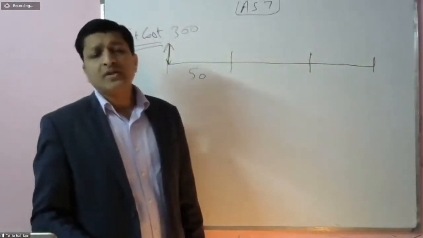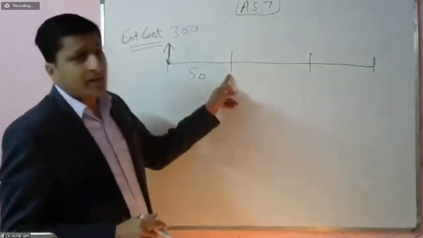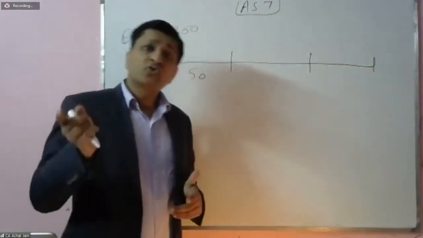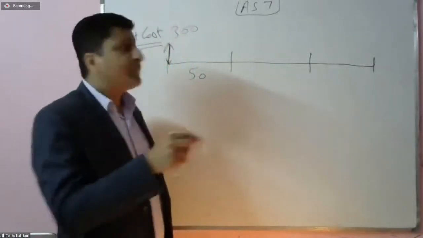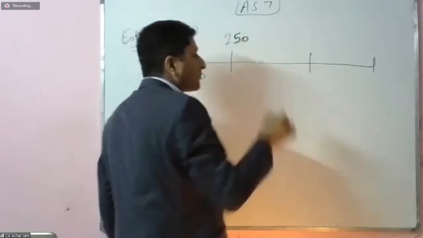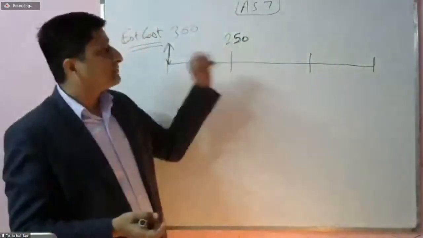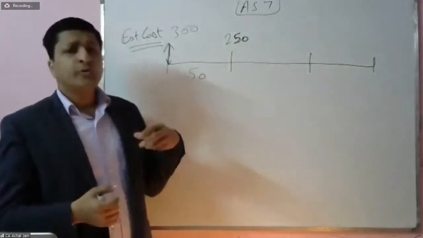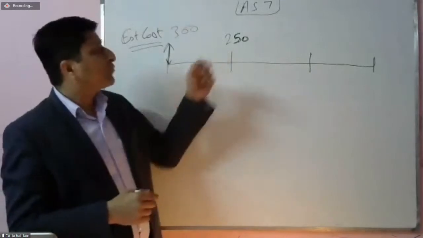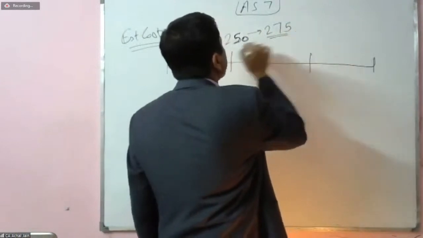We are not sure about the estimate. And it may happen that after 1 year, when the cost to be incurred should have been 250. Now after 1 year, what should be the cost to be incurred? 250. But let's suppose, due to various reasons, we now find that instead of 250, it will become 275.